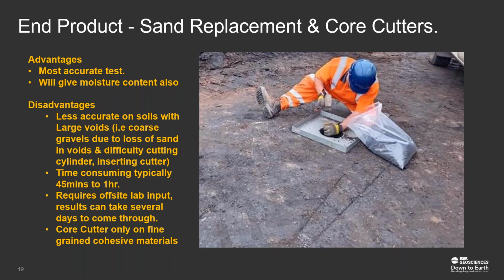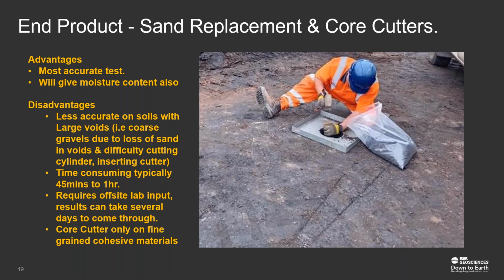So the alternative form of tests, which we've already mentioned, are the sand replacement density and core cutter tests. Sand replacement density involves cutting a circular cylinder in the ground, then excavating the spoil and placing it in the tray that you can see there in the picture, and then filling the hole with a known volume of a known sand of a particular density, a uniform sand.